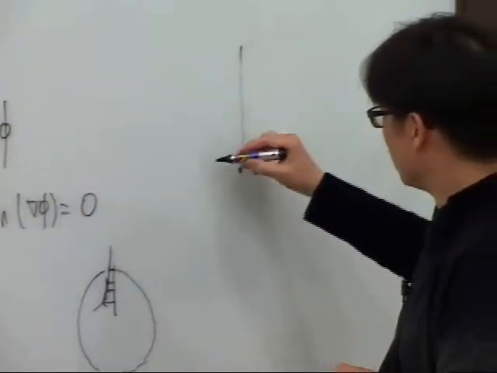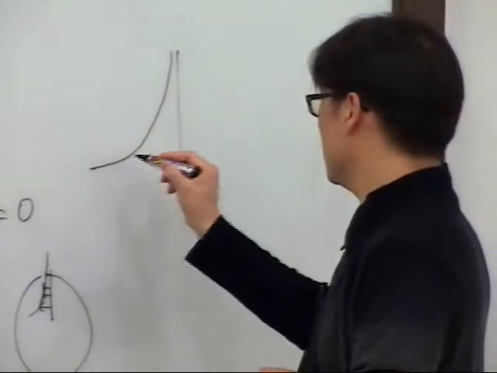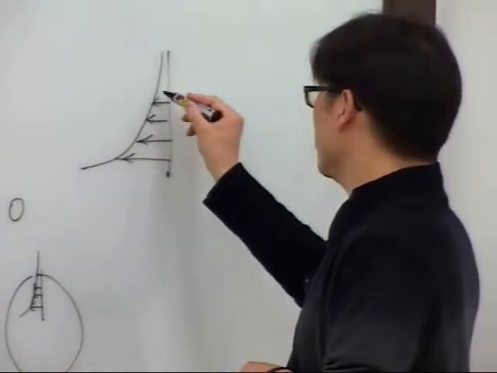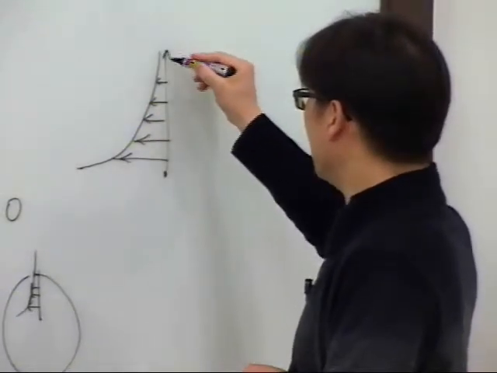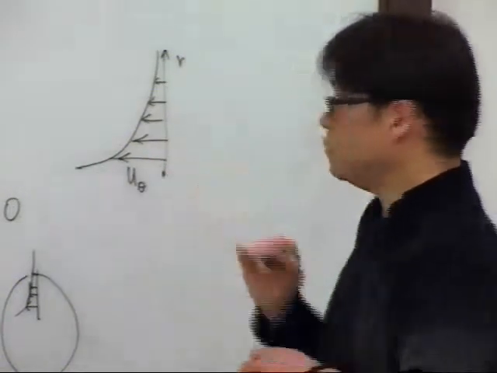So if this is the origin, it has to be infinity, and then it decays like this. So this is the tangential velocity versus radius. So this is r, and what I'm plotting is u theta. Okay.